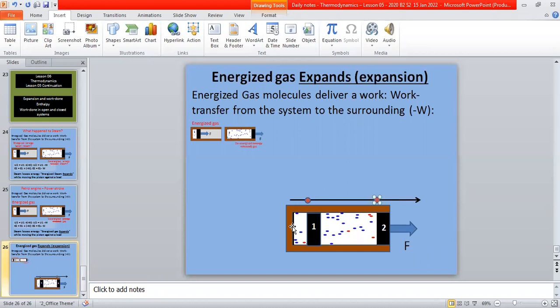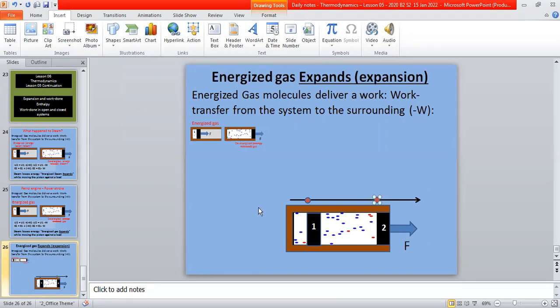So we carefully craft this solution to let the energized gas expand, making the piston move, delivering work, turning a wheel and making the bicycle move forward.